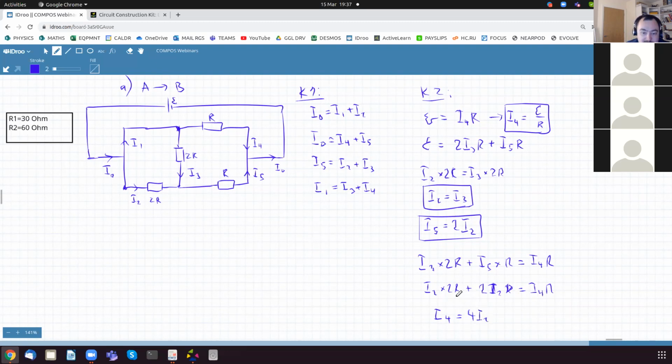Brilliant. I'm just going to label this. So I2 is I3, I3 is I2. This is 4I2, this is 2I2. So I0 is 6I2.